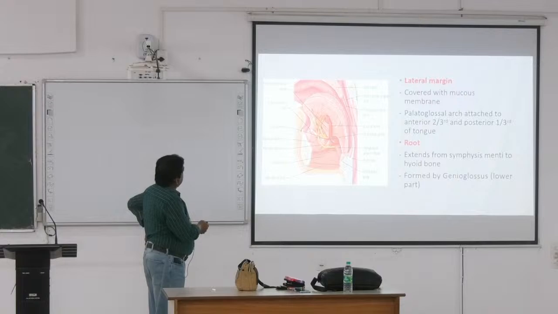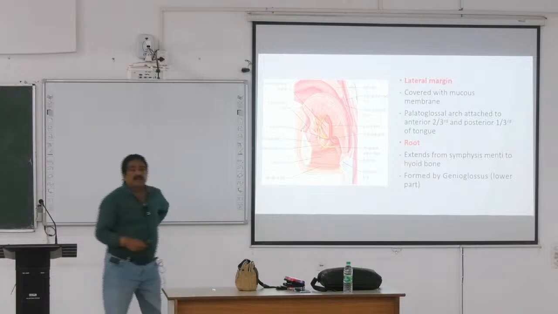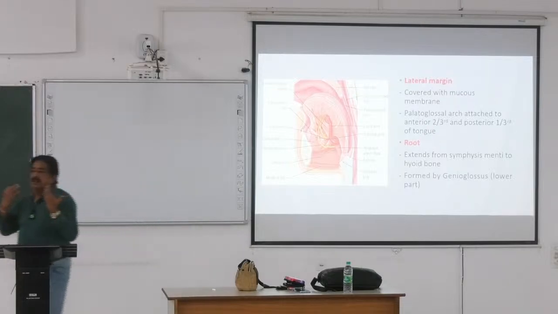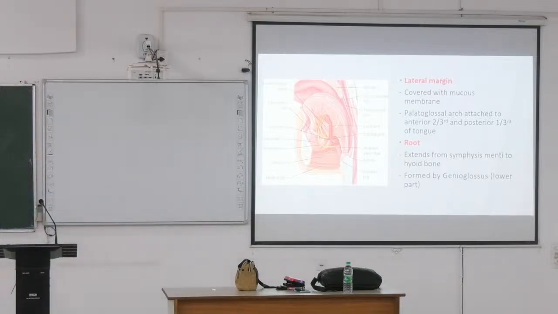The submandibular duct you can see. The lingual nerve. The genioglossus is cut over here. Hypoglossal nerve. Geniohyoid, mylohyoid. Now, this mylohyoid muscle is attached to the hyoid bone.